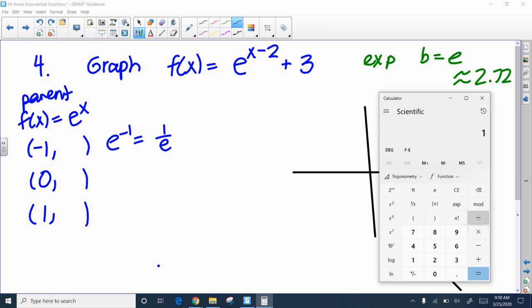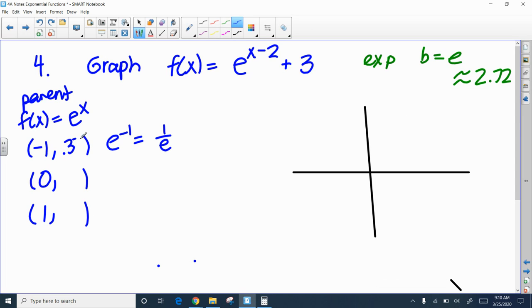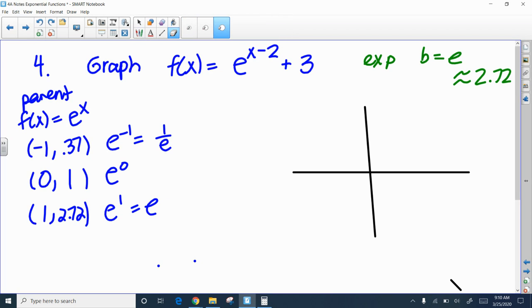So if I do 1 divided by e, we get 0.37. So we can use that as our y value. All right, if we plug in e to the 0, anything to the 0 is 1. And if we plug in e to the 1, that's just e, which we said is about 2.72. All right, so those are our original points.